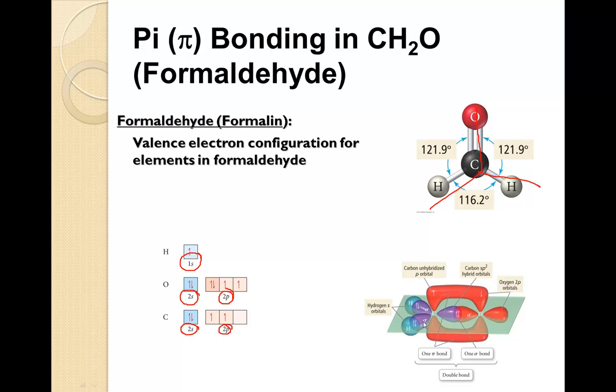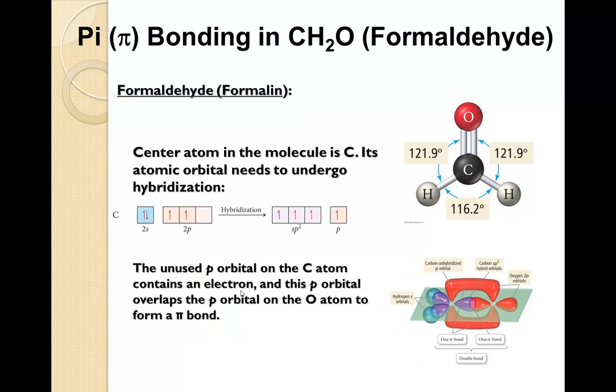Well, what's happening is that the one s orbital and 2 of the p orbitals are blending together. So the 2s orbital and 2 of the p orbitals are blending together to be 3 hybrid orbitals. And then this one that was left over is still there.